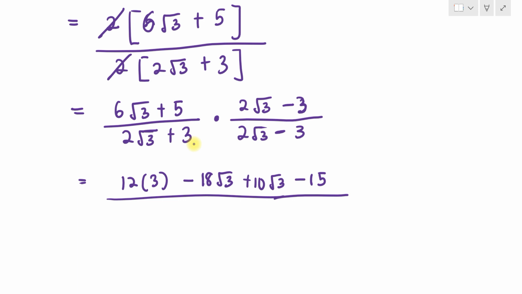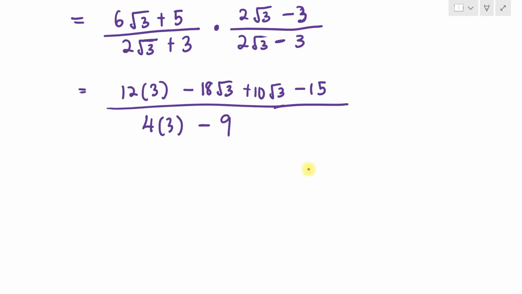Okay, at the bottom there, 2√3 multiply 2√3, or I can put it as 2√3 squared. 4 times 3, minus in between, 3 squared is 9. Okay, let's do this. So 12 times 3 is 36. 36 minus 15 should be 21.